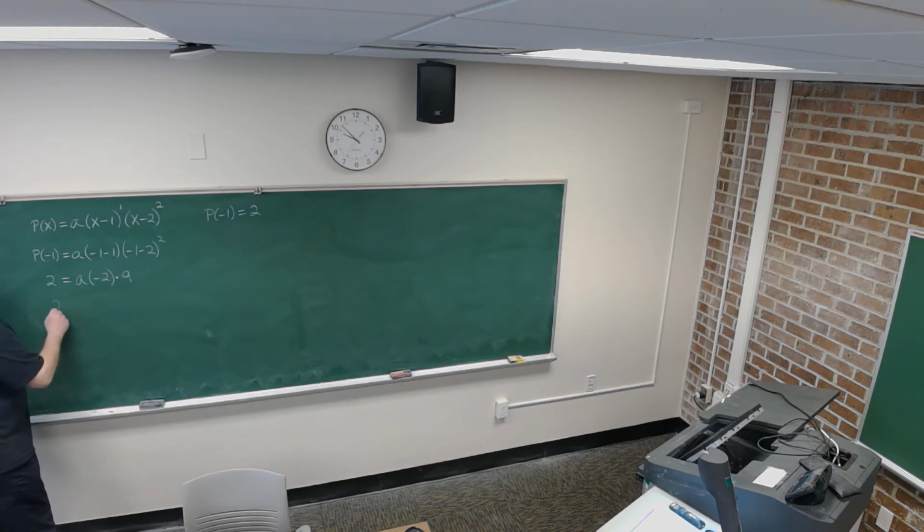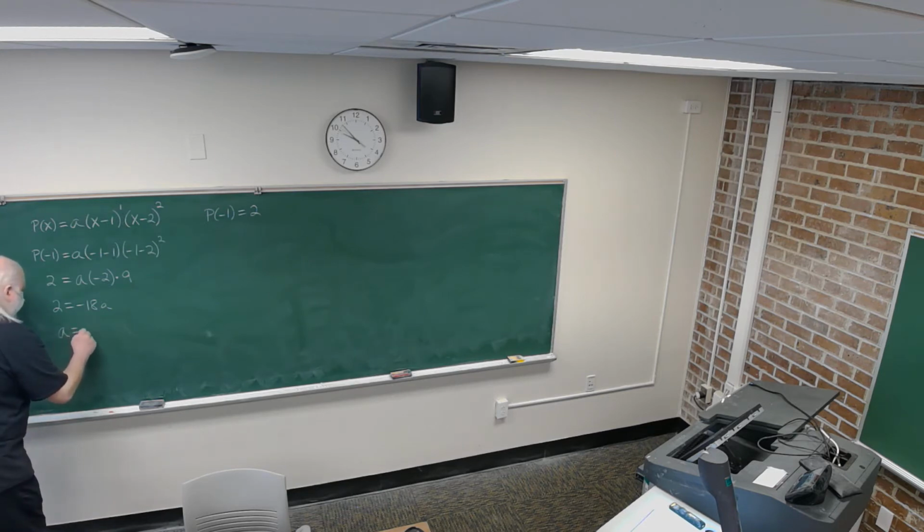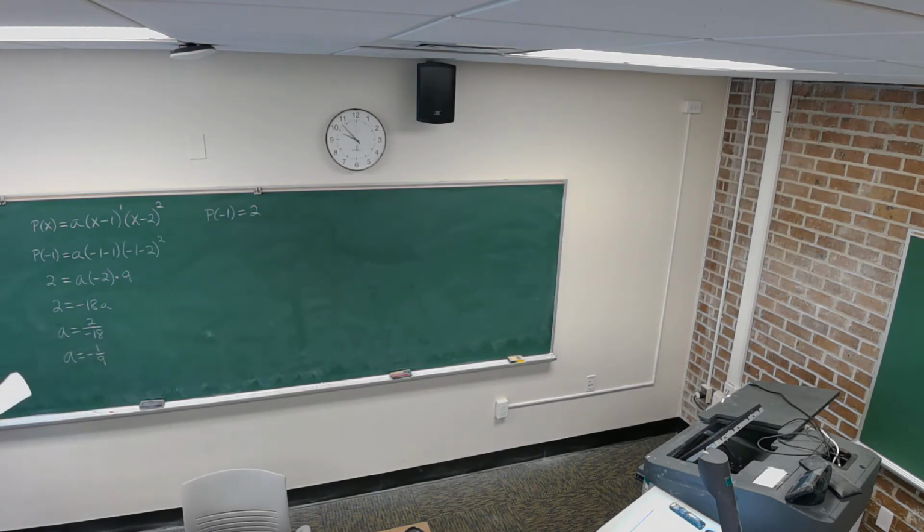So we have 2 is equal to minus 2 times 9, which is negative 18, so we have minus 18a on the right. And now you divide both sides by minus 18. And you get a is equal to 2 over minus 18, or a is equal to negative 1/9.